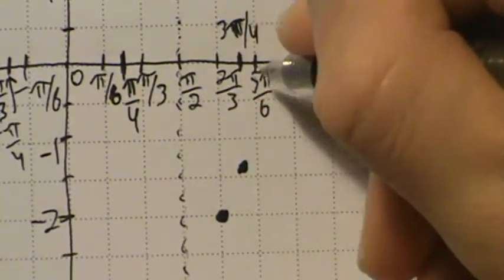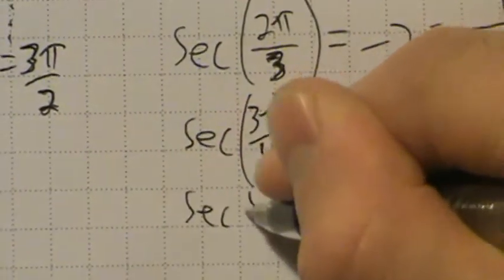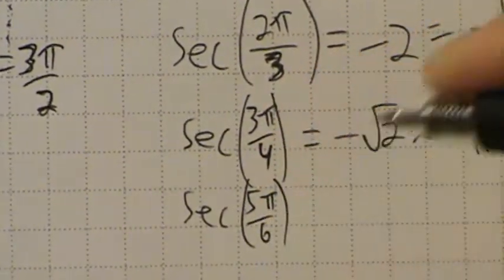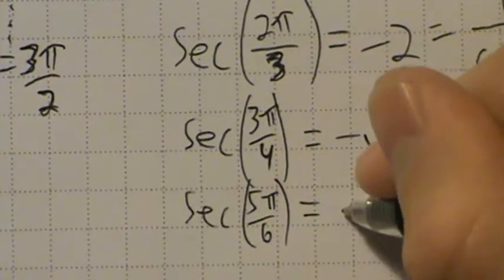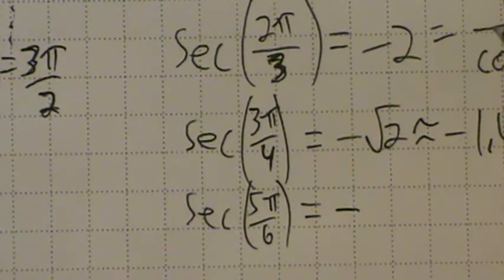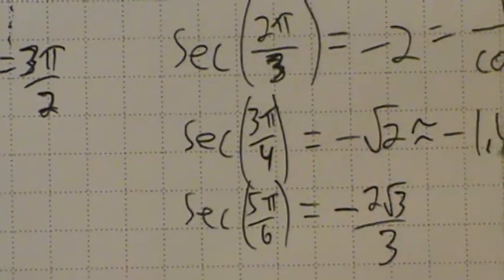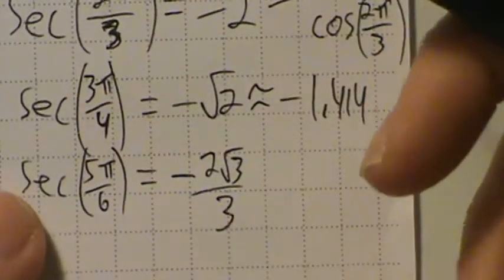Next, 5 pi over 6. Secant of 5 pi over 6 is also a negative. It's going to be negative 2 root 3 over 3 if you insist on rationalizing the denominator, which I really don't, but I think most people might be into that or have to do that.